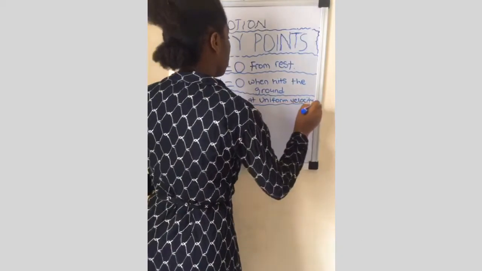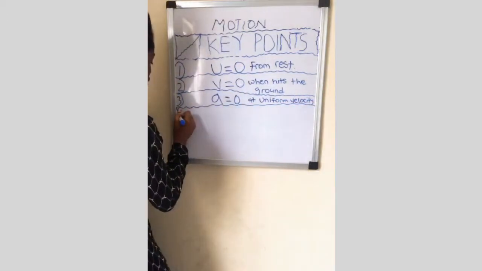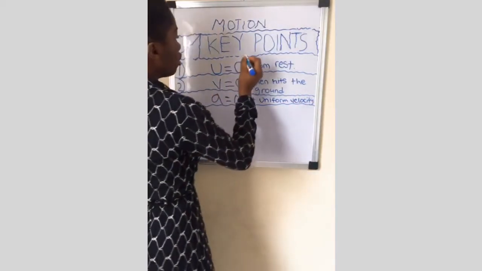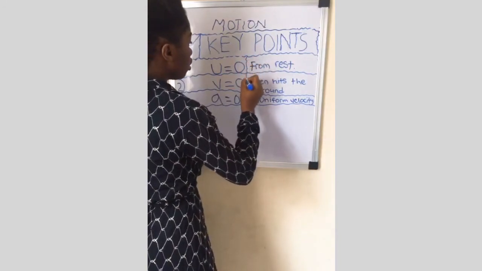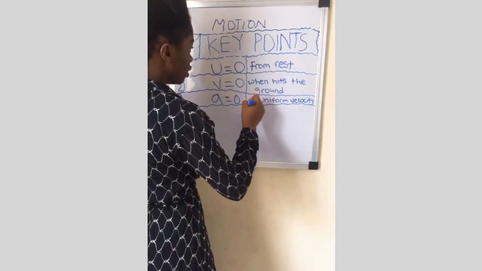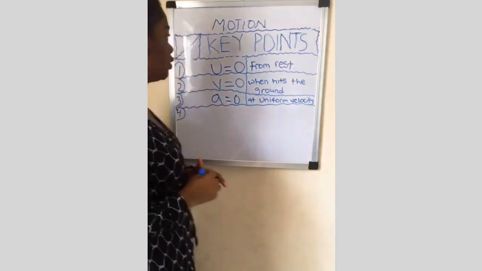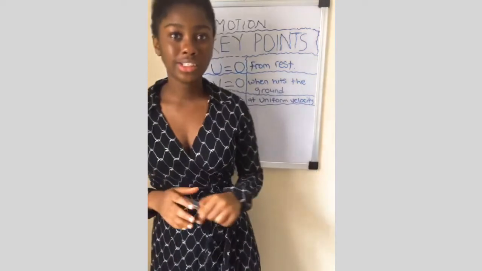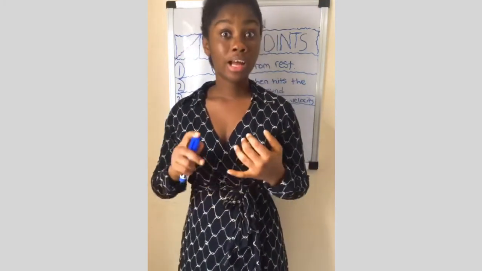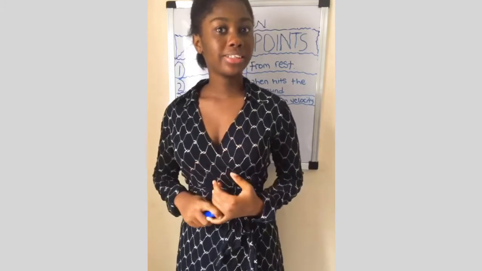Point 4. At the turning point, at maximum height, and when brake is applied, final velocity v is equal to 0.